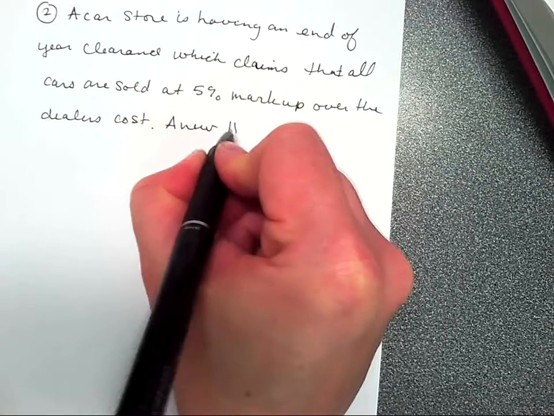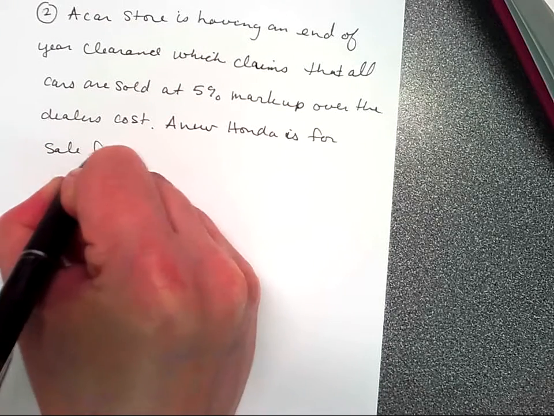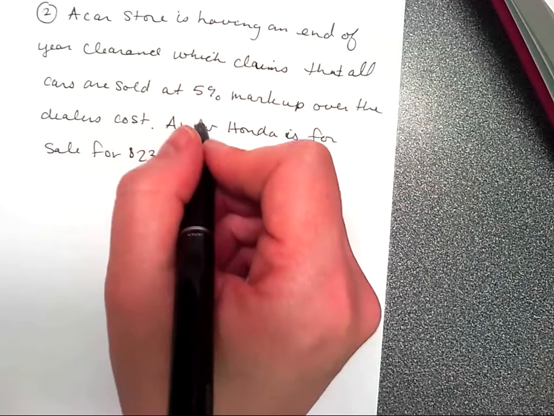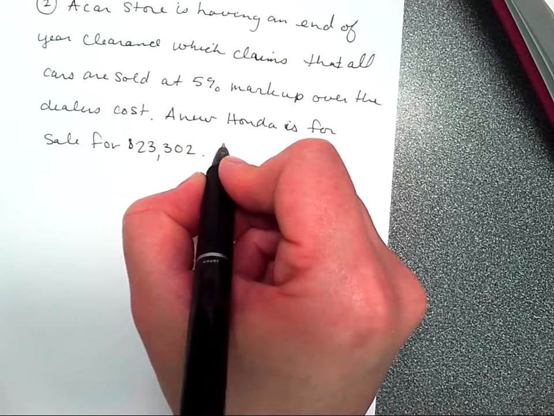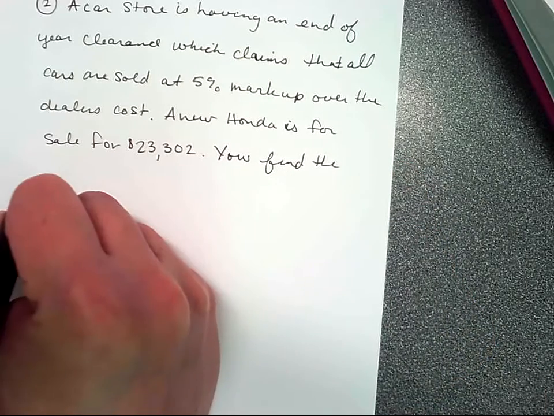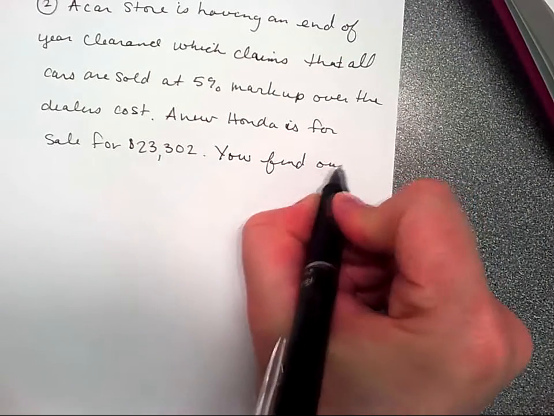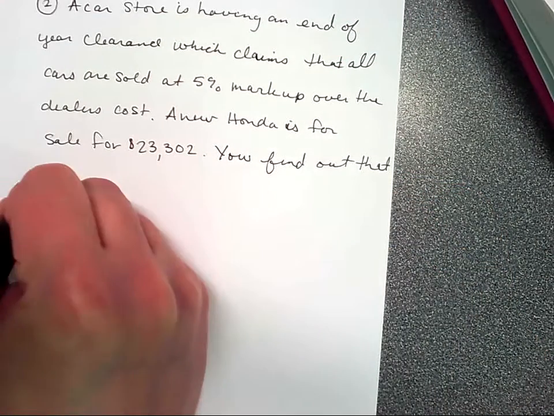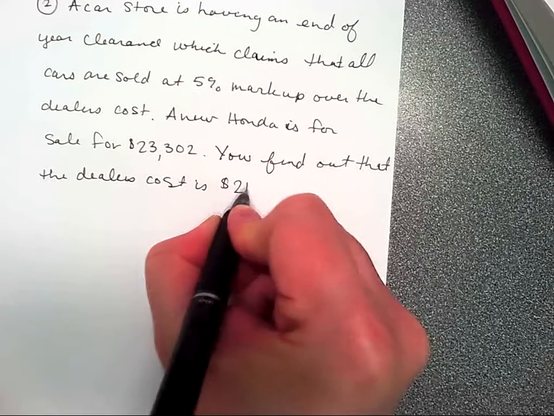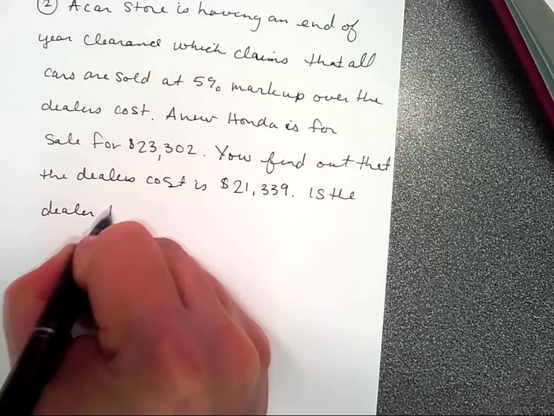A new Honda is for sale for $23,302. You find out that the dealer's cost is $21,339. Is the dealer being honest?